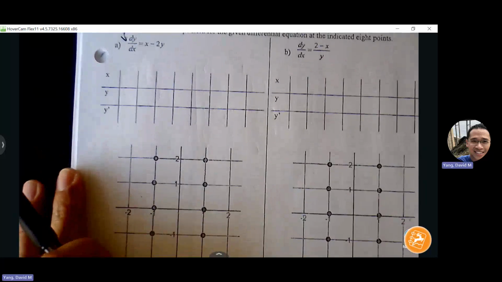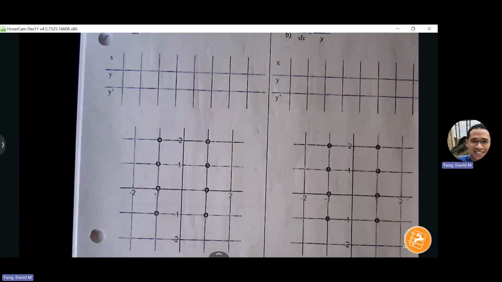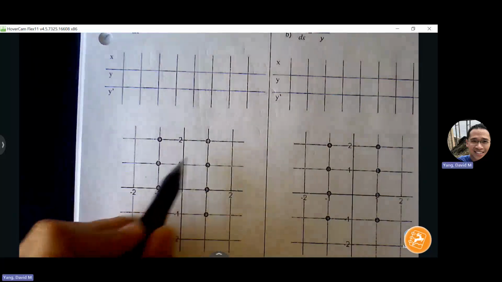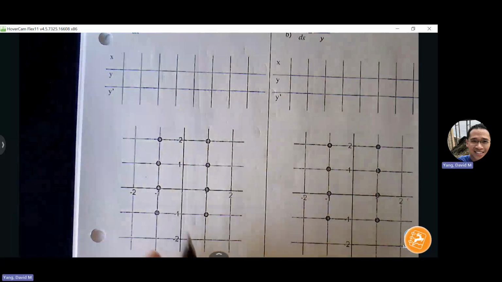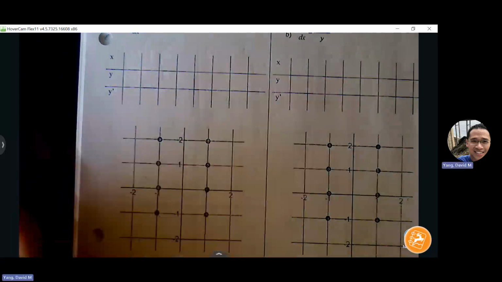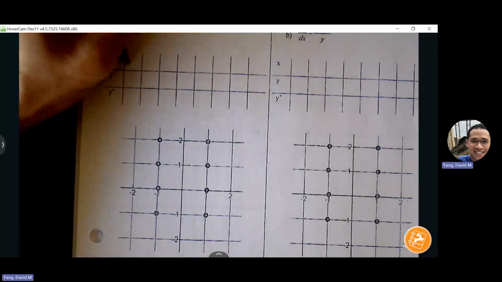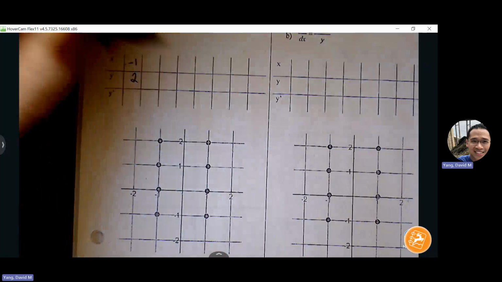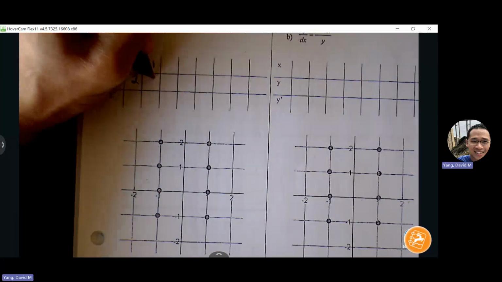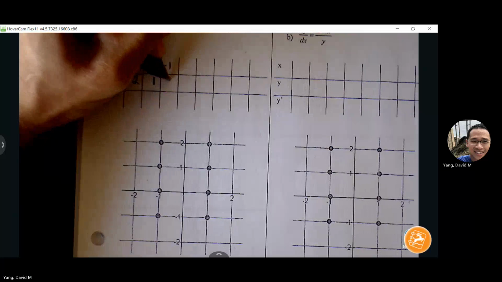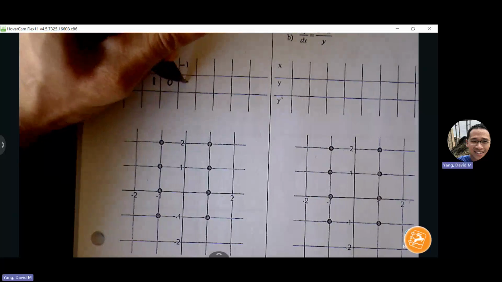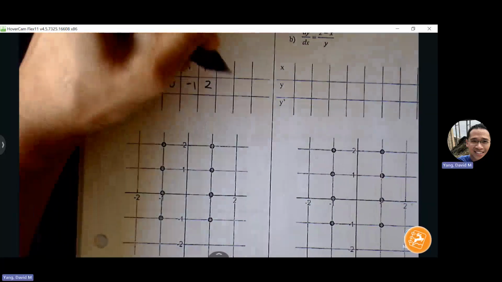So we're going to be sketching the slopes across those points for all these ordered pairs that are highlighted. Okay. So I'm going to identify all those ordered pairs. I'll start at -1, 2. I'm just listing out my ordered pairs here that are identified.